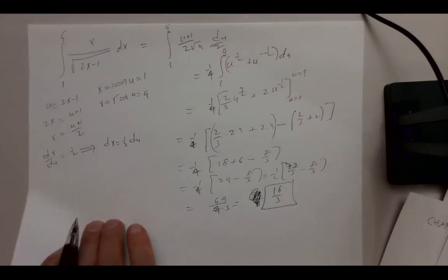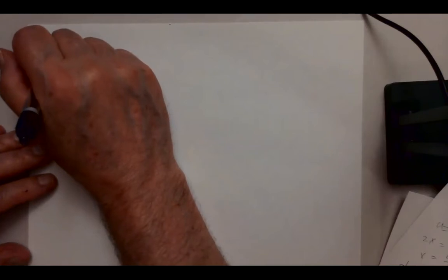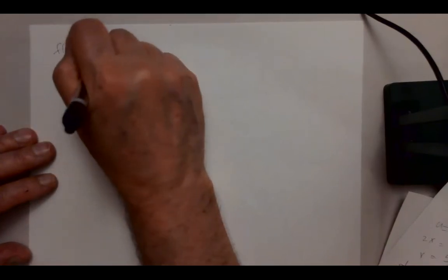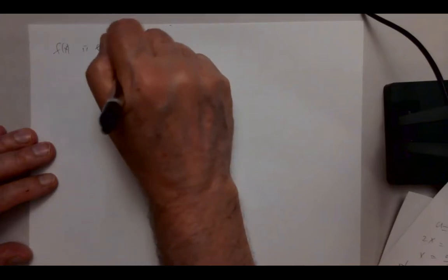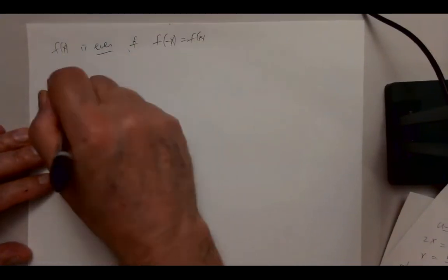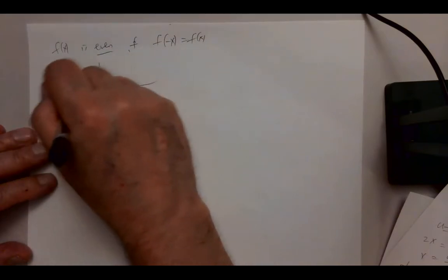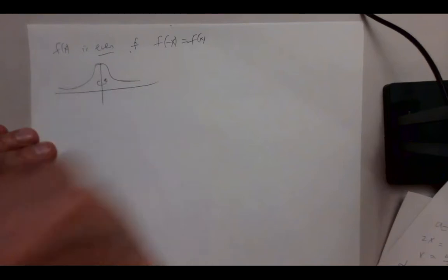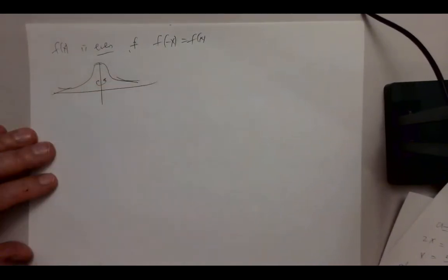That is the technique of substitution. I want to mention just one last thing, and then we'll be done with lesson 2. We have a function. Some functions are what are called even or odd. A function f of x is even if f of minus x is equal to f of x. What that really means is it's sort of symmetric around the y-axis. If you reflect it around the y-axis, you get the same function.